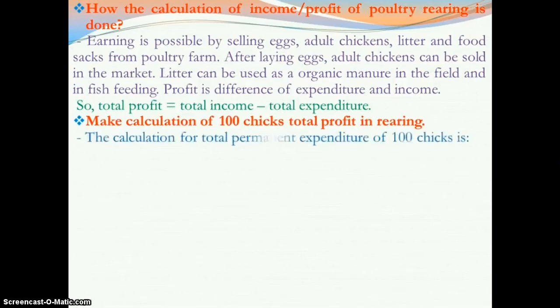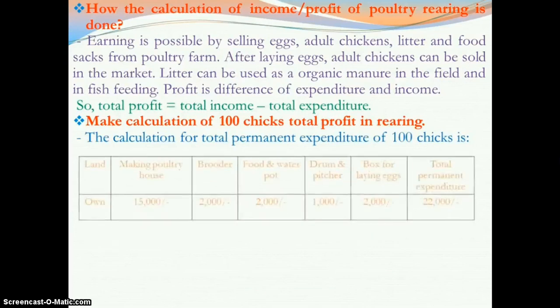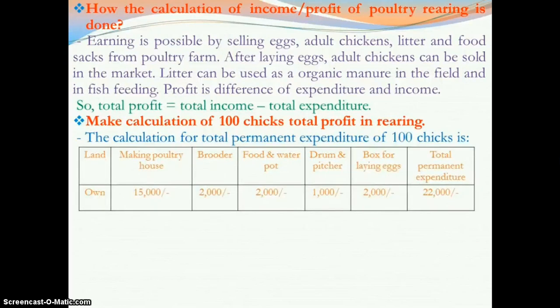The calculation for total permanent expenditure of 100 chickens: at first we have to look at the sectors where we have to spend, that is land. Let us think the farmhouse owner has his own land, so he doesn't have to buy it. So for land we didn't take any cost. Making the poultry house, for the time being, should be 15,000. Brooder for 100 chickens is 2,000.